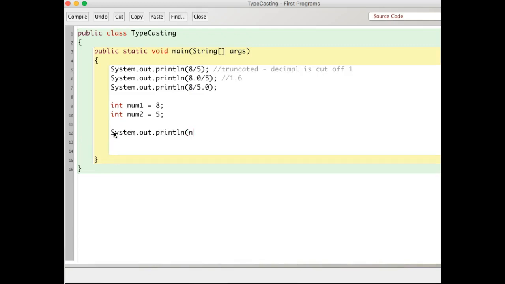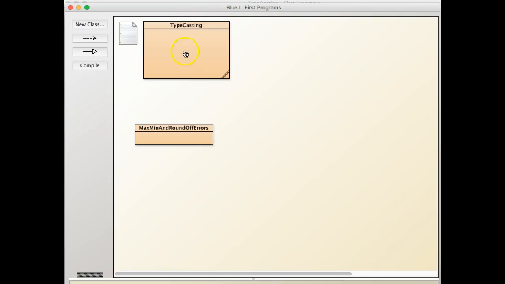So I want to do num1 divided by num2. So when I do num1 divided by num2, the same thing that happened here is going to happen. 8 divided by 5 is going to be 1. And just so we realize, we're going to flip it around.